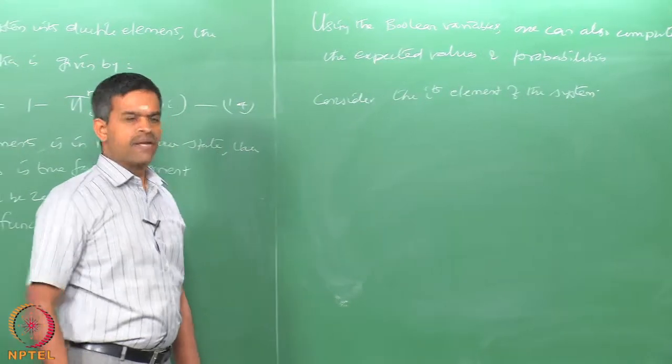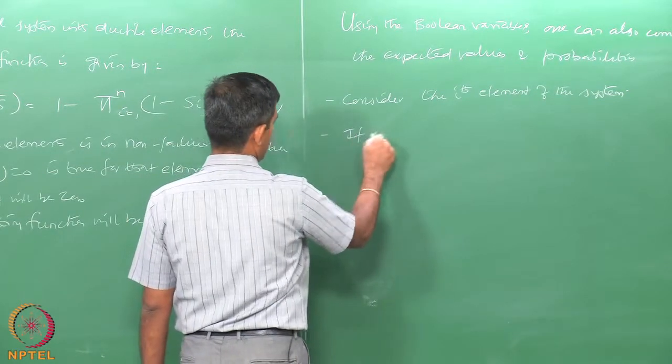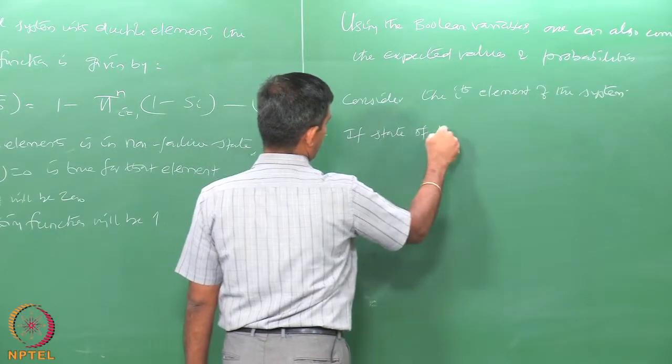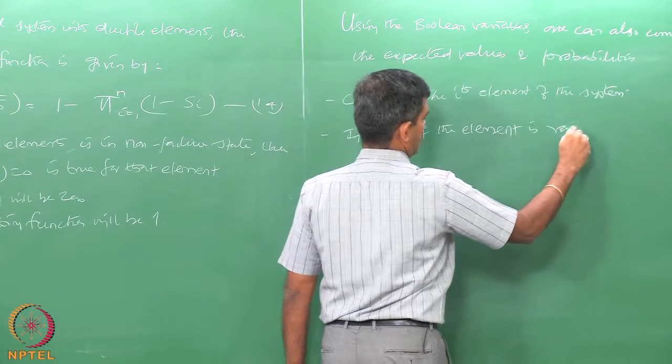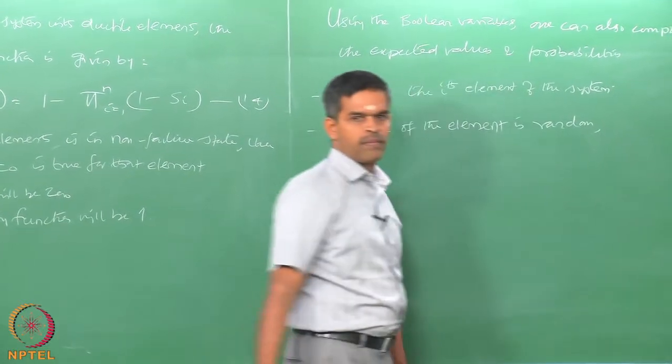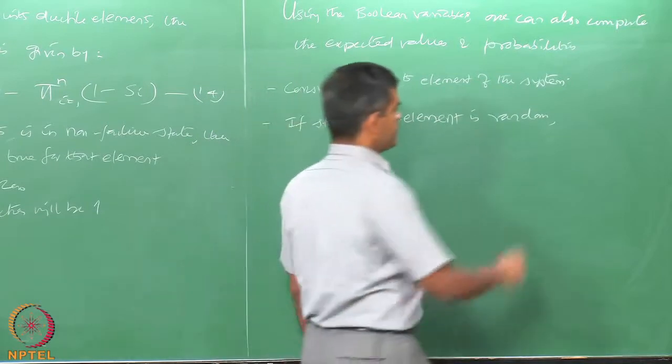If the state of the element is random, Si then becomes a discrete random variable.